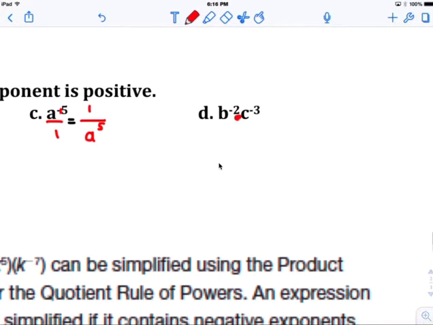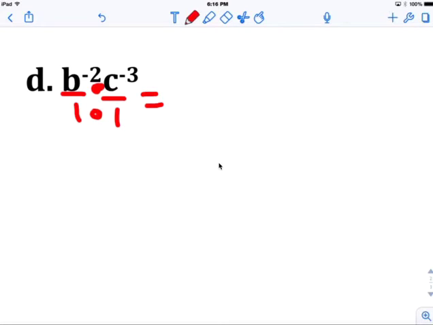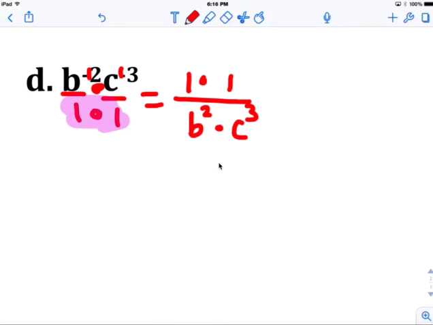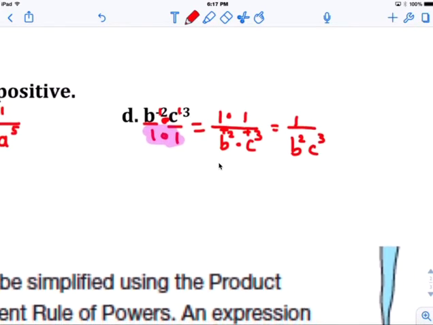That's multiplication, right? A 1 and a 1. So 1 times this 1, you flip it to the top, numerator, 1 times 1, and b squared times c to the 3rd. These negatives become a positive. So 1 times 1 is 1 over b squared c cubed, like that. Okay, just switch it.